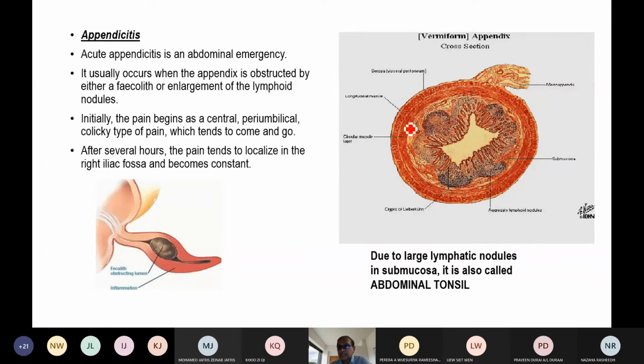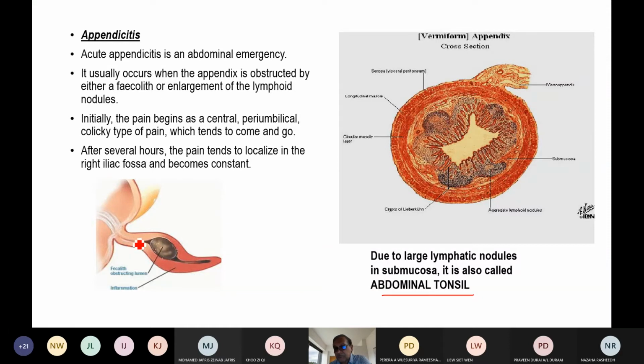You can see here the picture shows the mucosa. These are simple columnar epithelium, and we can get a lot of invaginations. Then in the submucosa, we can get a large lymphoid nodule, and that is why it is also called the abdominal tonsil.